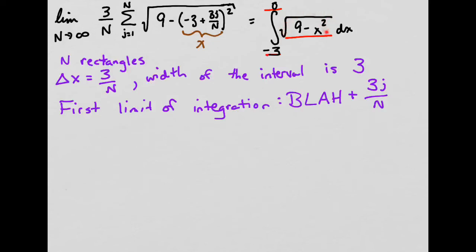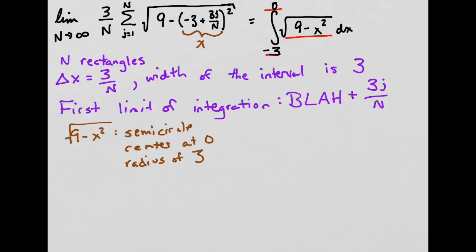This is the top of a circle with radius... So this is a semicircle, center at 0, and radius of 3. Radius of 3. So if you've forgotten the form for a circle, maybe go and review that a little bit.